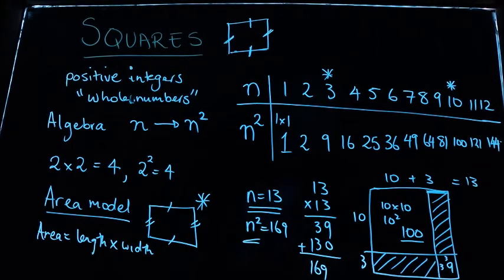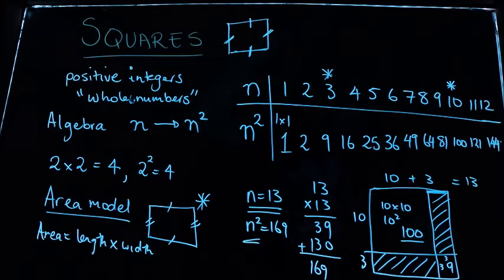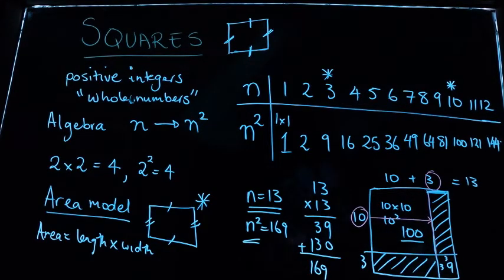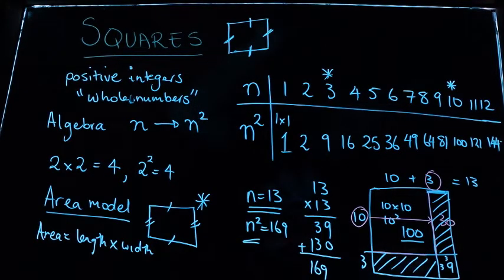I might change the color. And this is 3 times 10. This length here is 10. So that's 30. And fortunately, they're both, as you can see here, if this is 10 from this length here, down here, and this is 3, this is 30 as well.